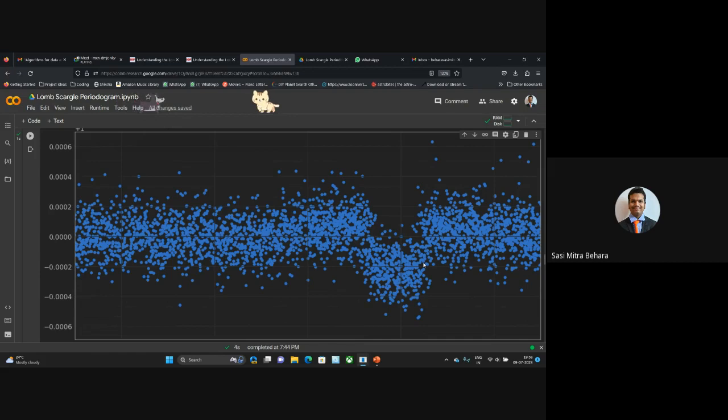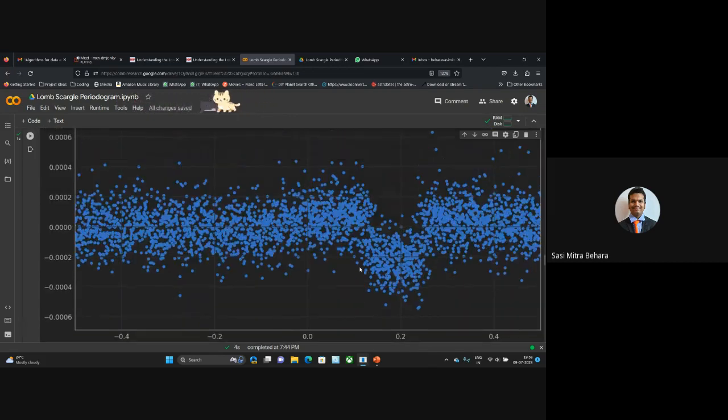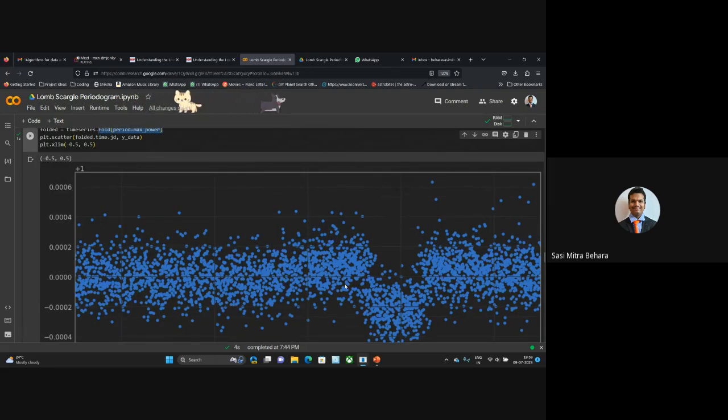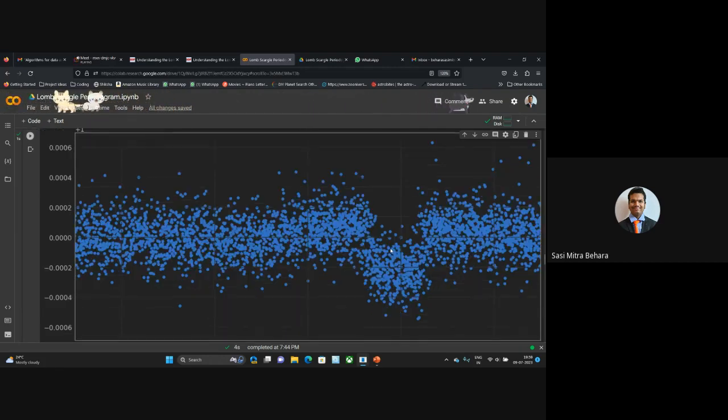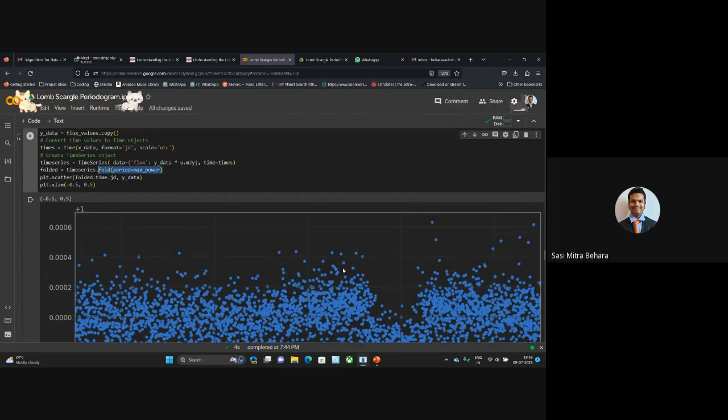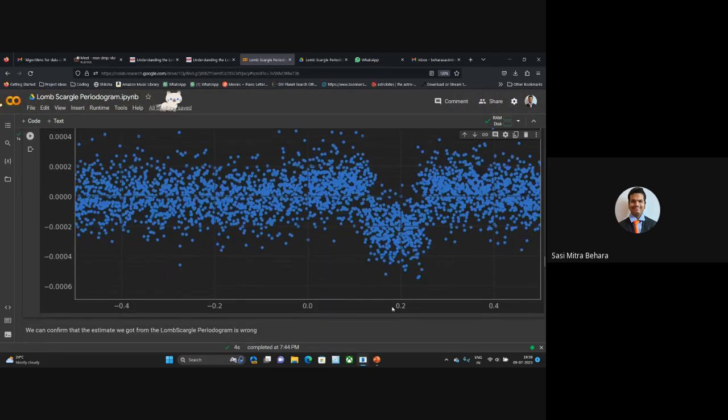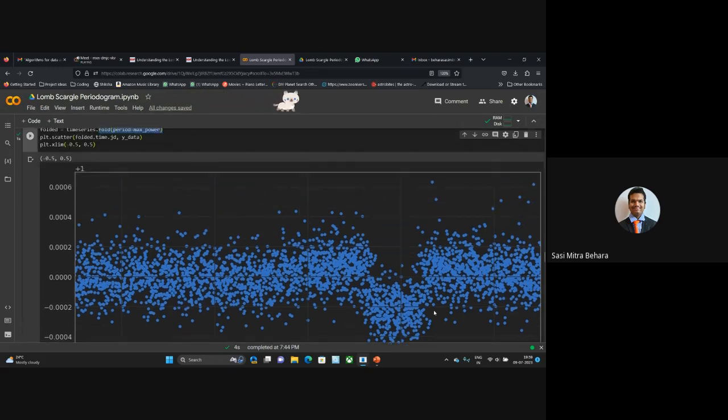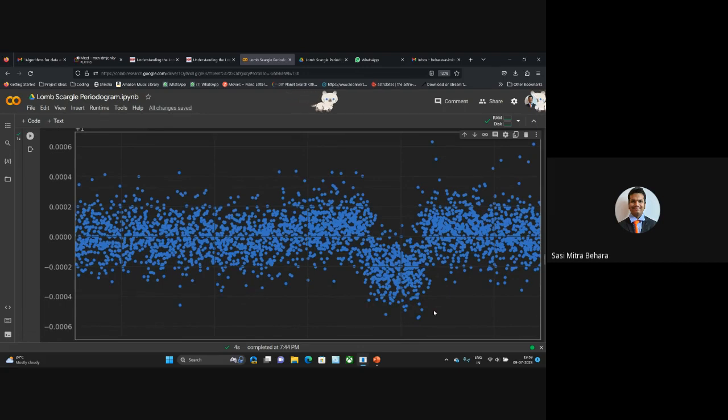From the phase plot, you have a pretty good idea of what the periodic function looks like. Now you can do fitting onto this folded data. Over here, you don't have time on the x-axis, you have the phase. You have phase versus flux. You can do more advanced fitting on this to find more properties like the amplitude of the folded data.